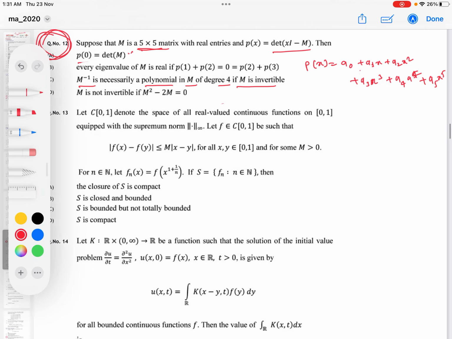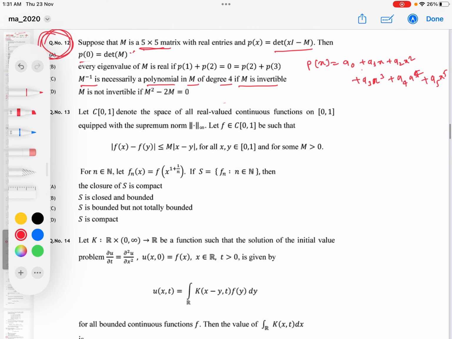Right, now in place of the eigenvalue we can directly put the matrix M.